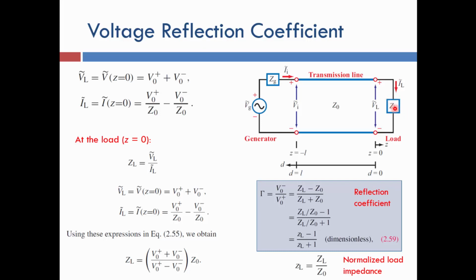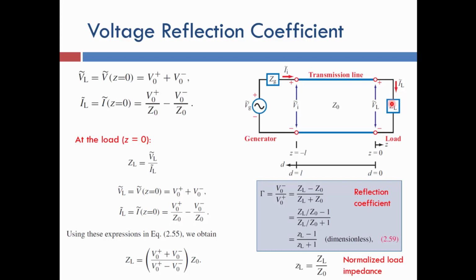Okay, so because of the mismatch between the impedance of the load and the characteristic impedance of the transmission line, there will be a difference between the power which traveled and the power which will be delivered.